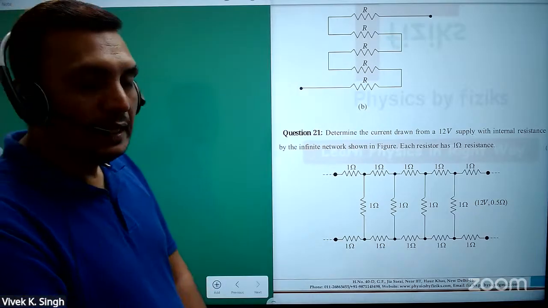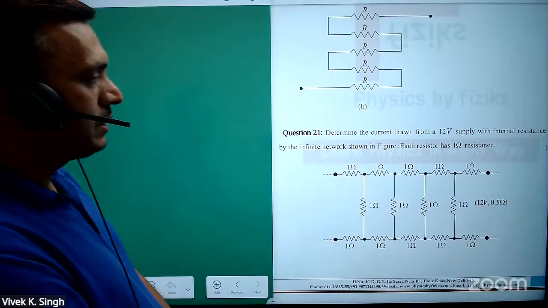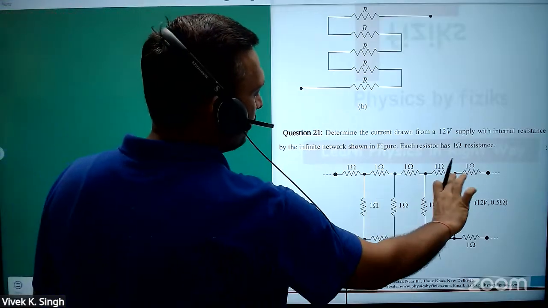How will we get the equivalent resistance, because this is an infinite network?